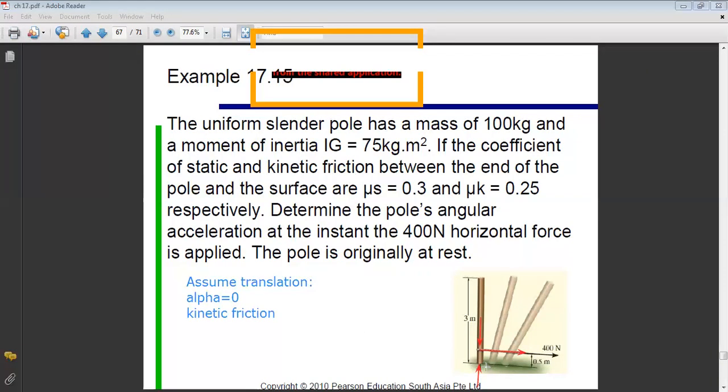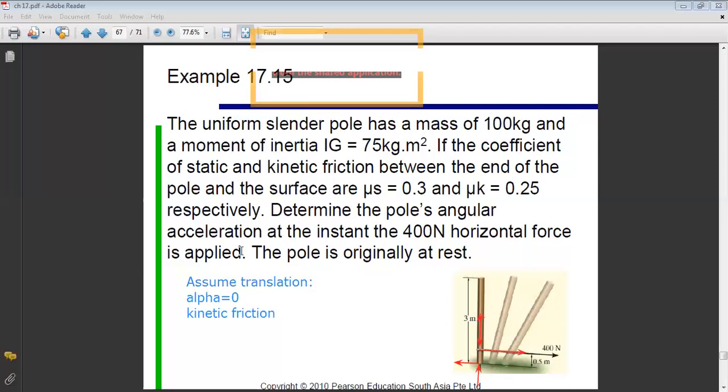No. Well, I have also the friction. If I have translation, my friction should be equal to μk N. So if we do a small calculation together, we will see that sum of moment about G cannot be 0.